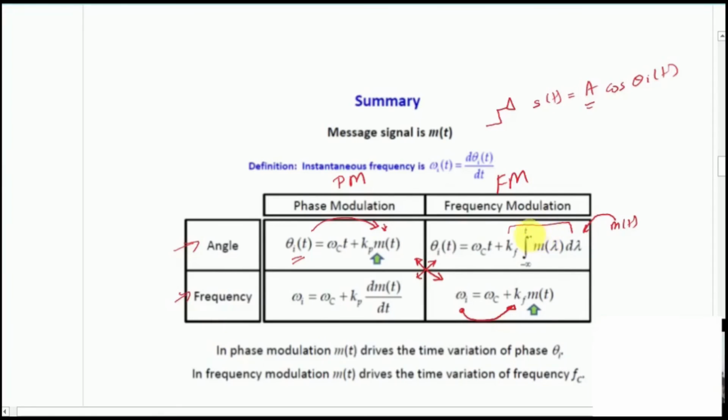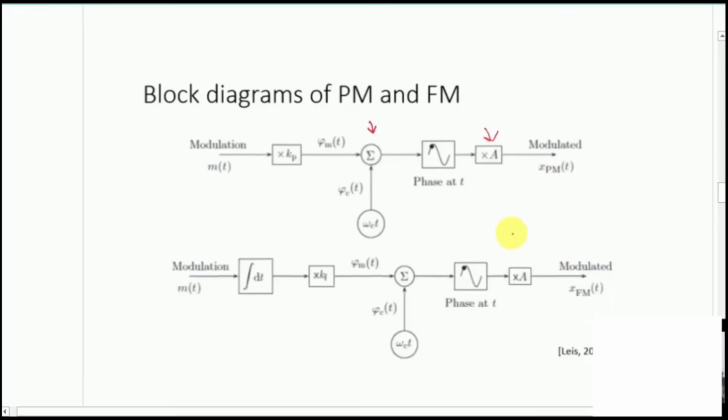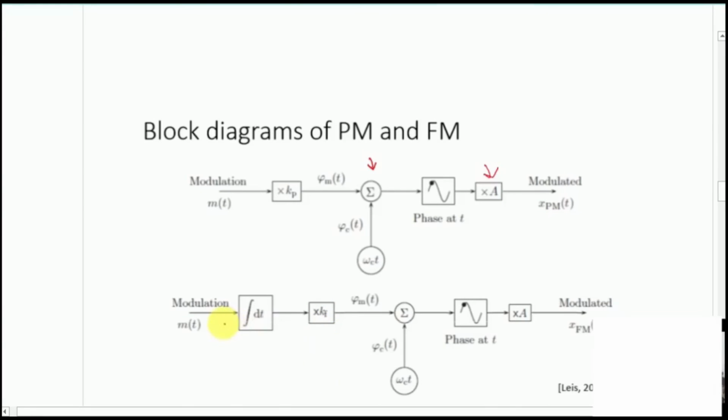Once it is passed through an integral block, we multiply with a sensitivity constant kf, which is then added with the carrier frequency omega ct multiplied by gain, and eventually you get a modulated FM signal.